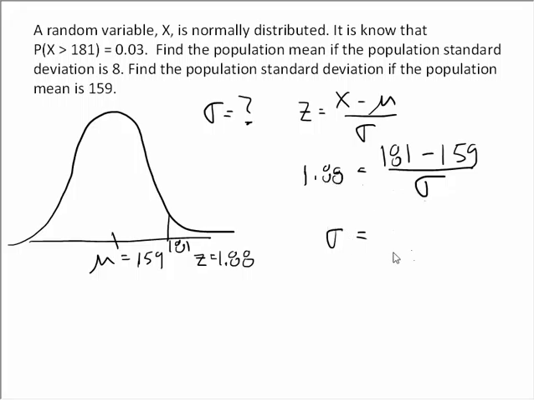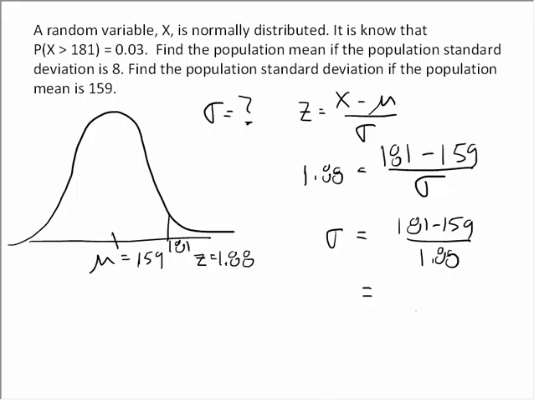That denominator and this numerator just flip places. That's that over 1.88 and 181 minus 159.